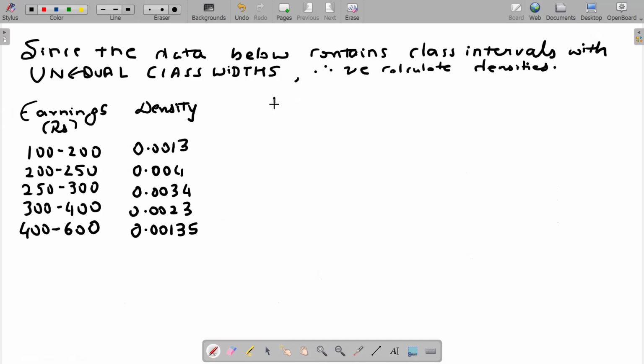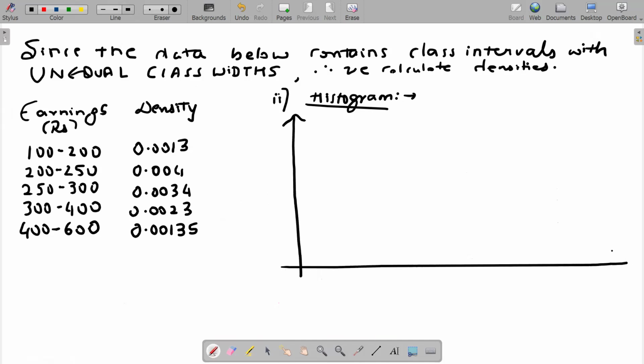Now I'm going to plot the histogram. This was part 2 of the question. So let's plot the histogram. Okay, so on the horizontal axis, we have earnings. On the vertical axis, we have densities.